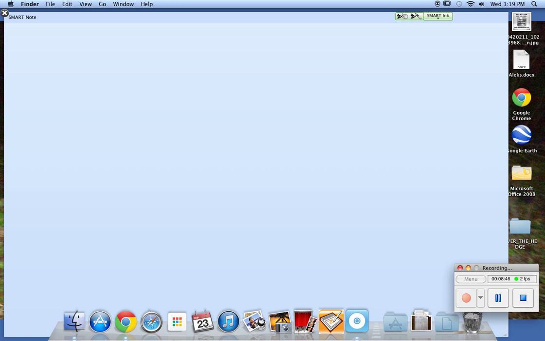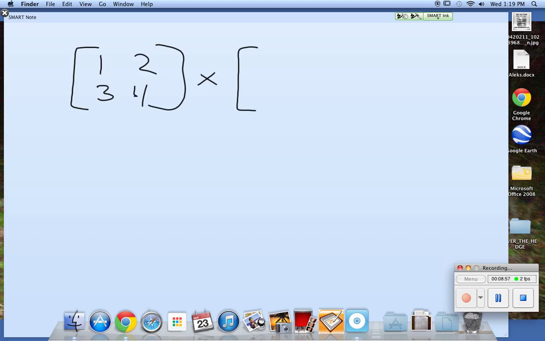Let's take a look now if we have 2 matrices. We'll start off simple. 1, 2, 3, 4 times another matrix, and we'll call this 3, 4, 5, and 6. In the common way of thinking, what you've seen so far, would be just multiply the 1 times the 3 and carry it over. That's not what happens.